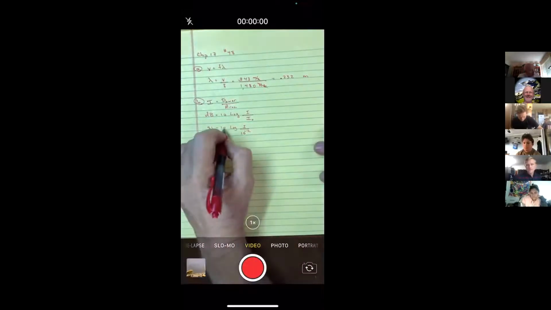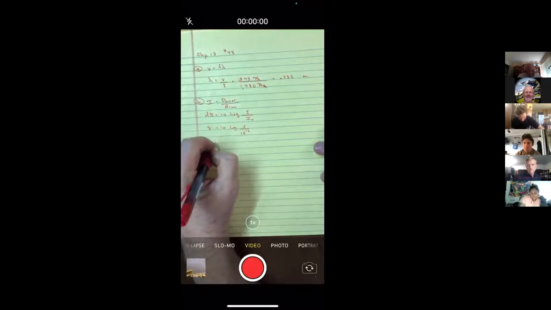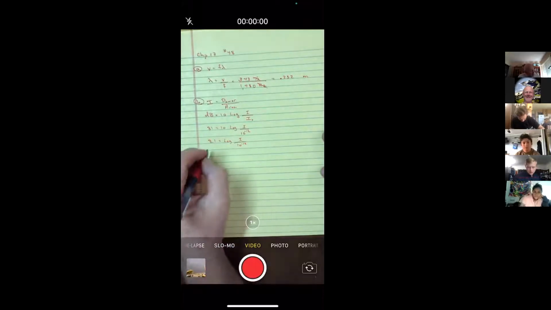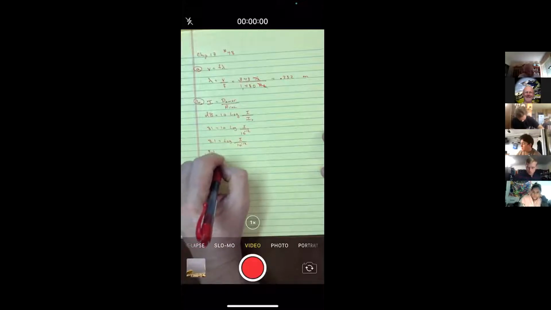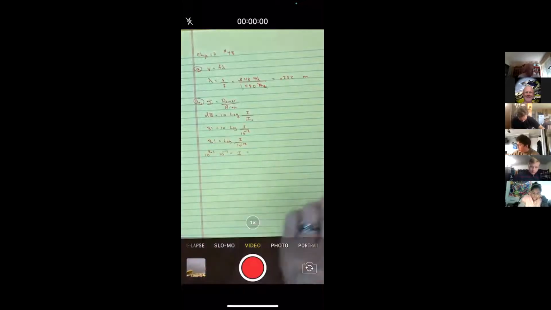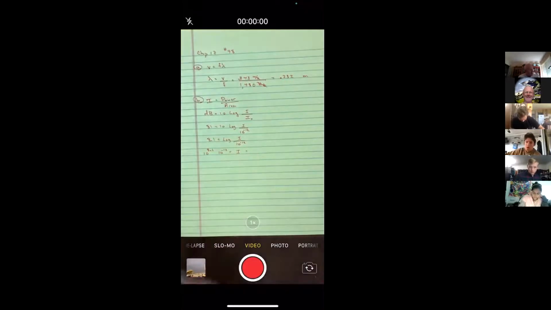Now, if I go to solve this, this would be 8.1 equals log of the intensity over 10 to the minus 12. The anti-log would make 10 to the 8.1. Then times 10 to the minus 12 would give me the intensity when I move that over.